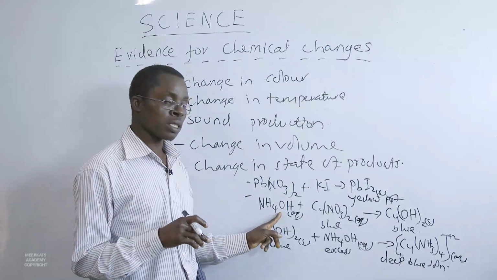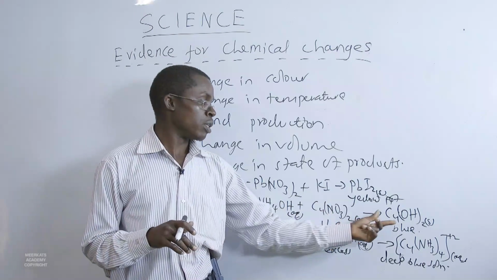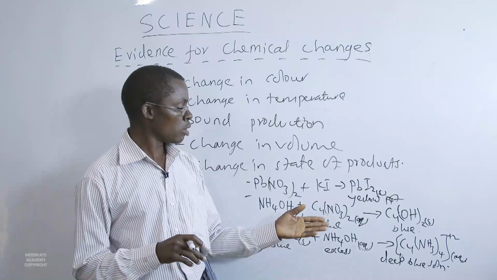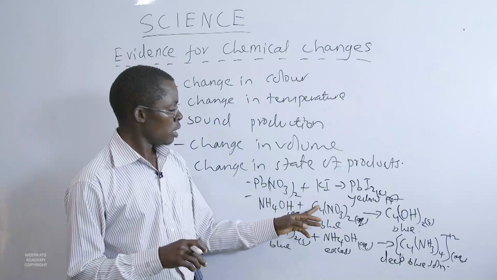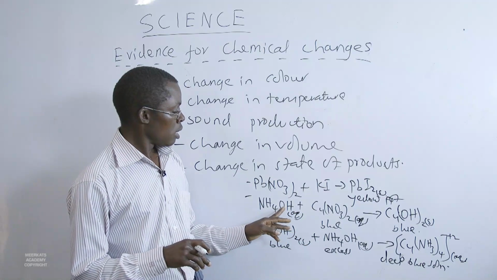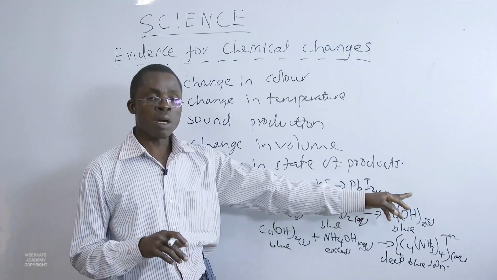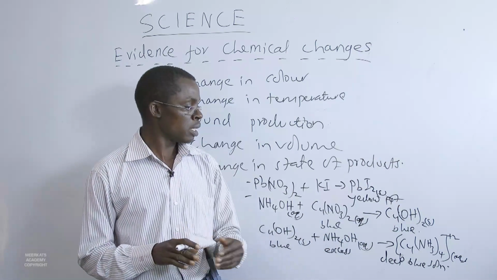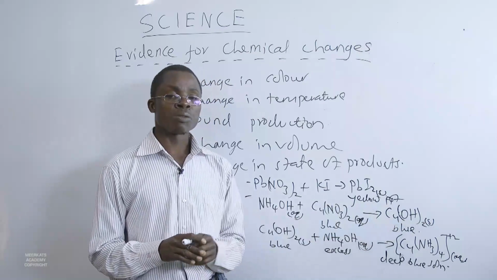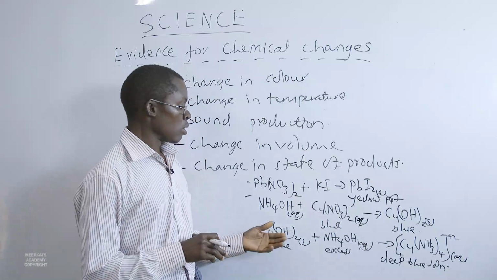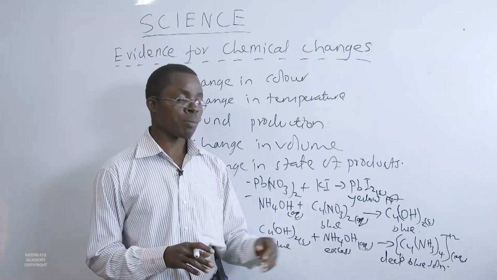So this one breaks before they form the product. It is not the only product, because the other one will be ammonia taking the nitrate to form ammonium nitrate. We are not interested in that. My interest was the one that will have changed state.